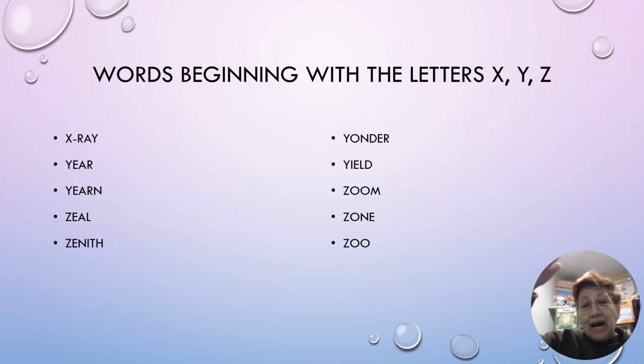Zenith means the height of something, like the height of your career, the maximum of something.